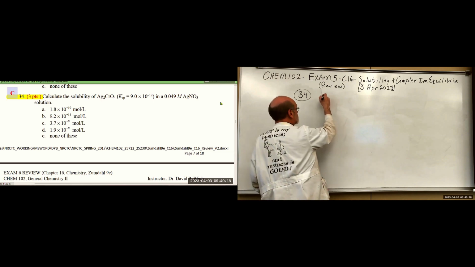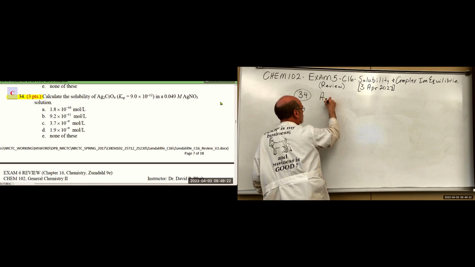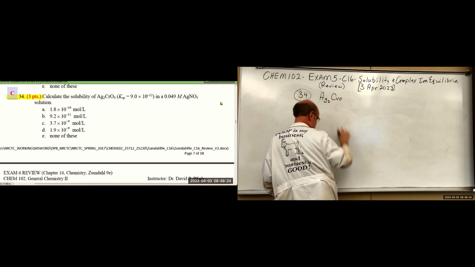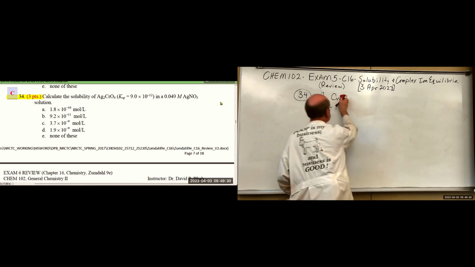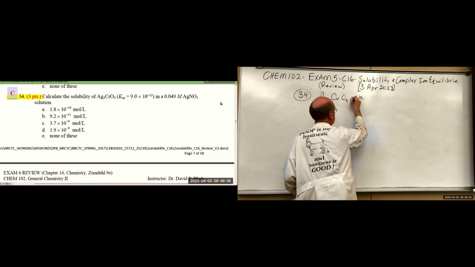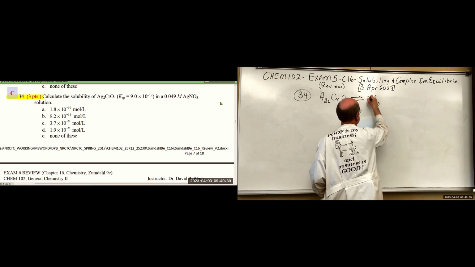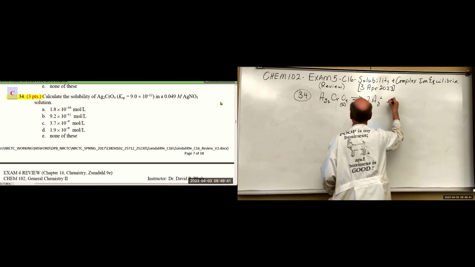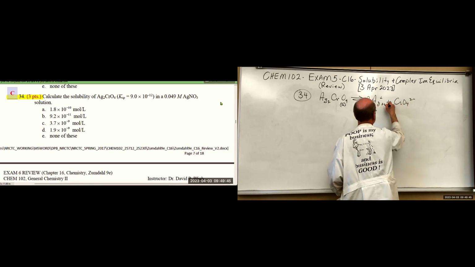So the solubility of silver chromate, oops. Runaway eraser. This is solid. Makes 2 silvers and 1 chromate in aqueous solution.